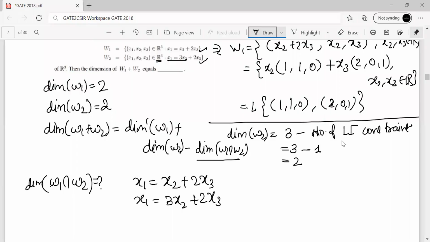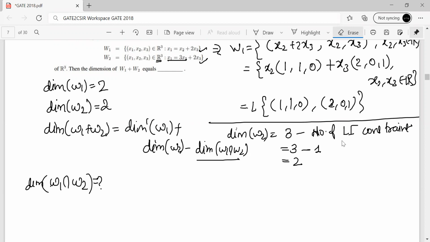So instead of solving this directly, let's find the form of W2 only. That will give a clear idea, in fact. So I'll consider W2. It's again the collection of x1 where x1 is 3 x2 plus 2 x3.